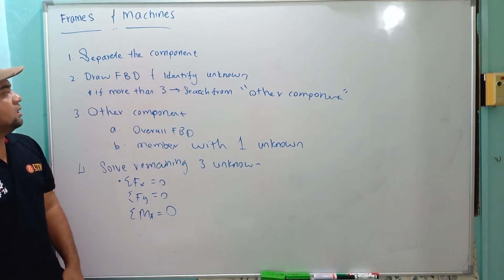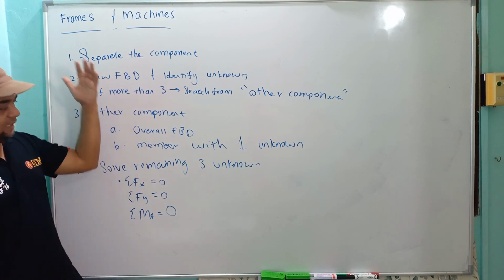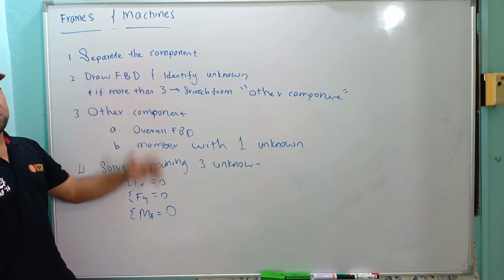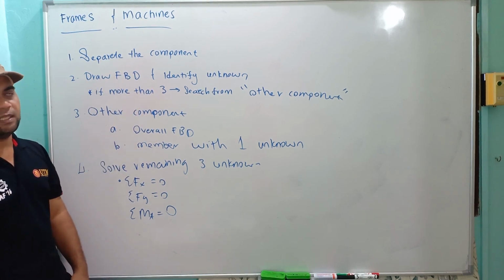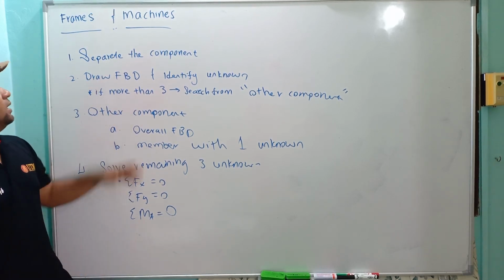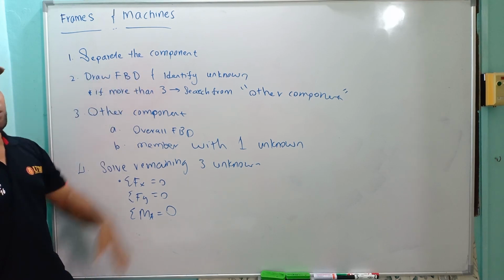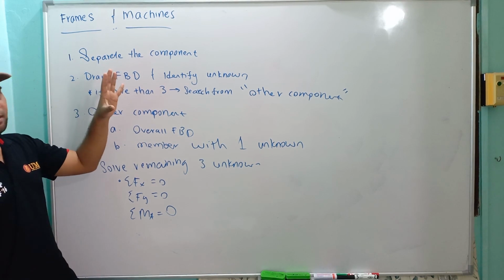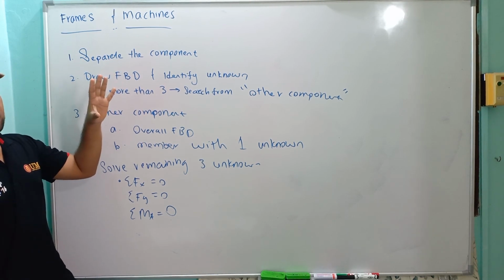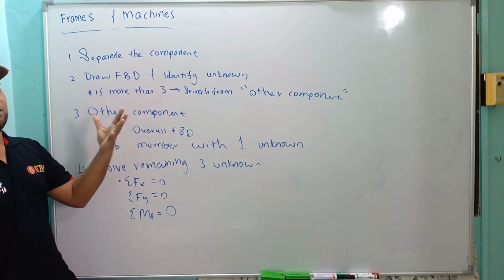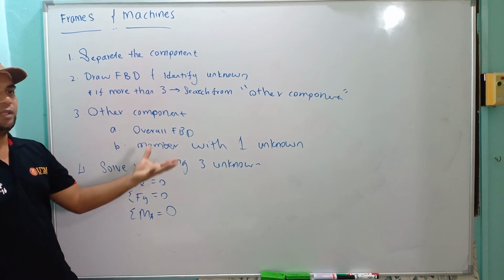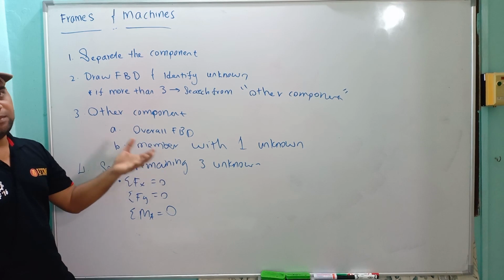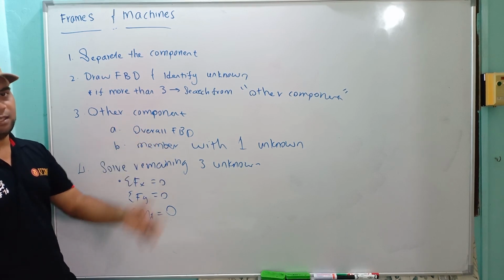First of all, here are the simple steps you will use to solve a problem involving frame and machine. The first thing is we separate the components, same as in equilibrium 2D previously. In the real case, you choose the component to analyze, but in your class or in the exam, it is the component asked in the question.